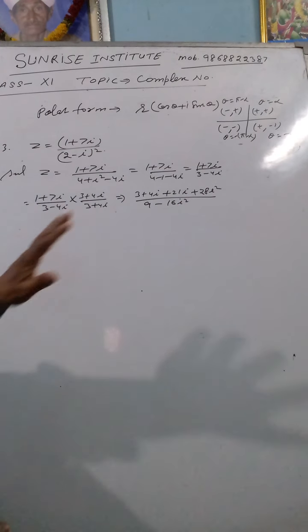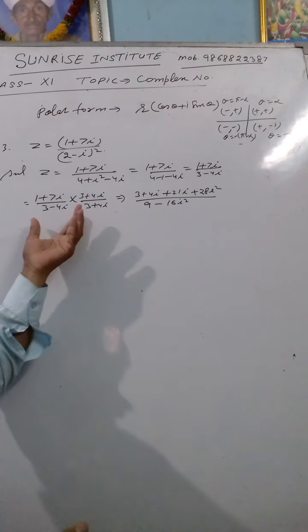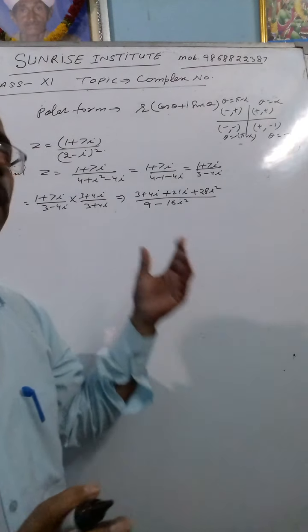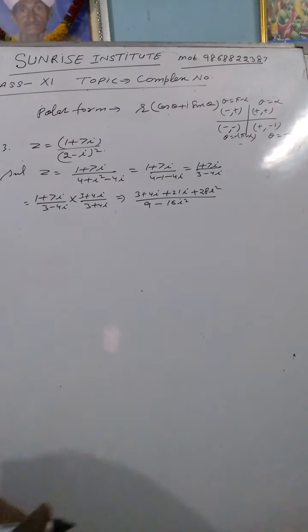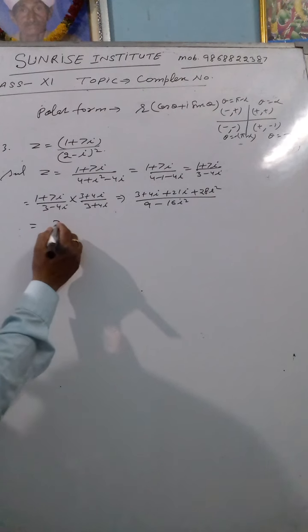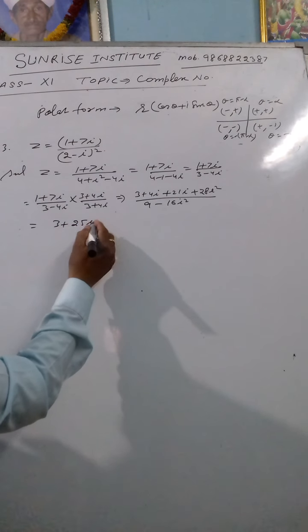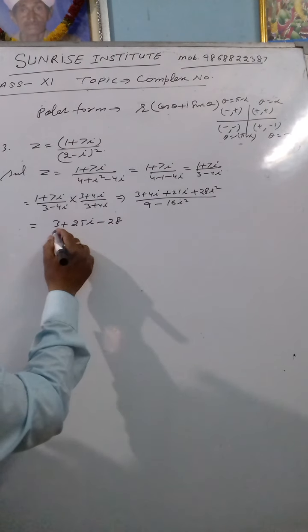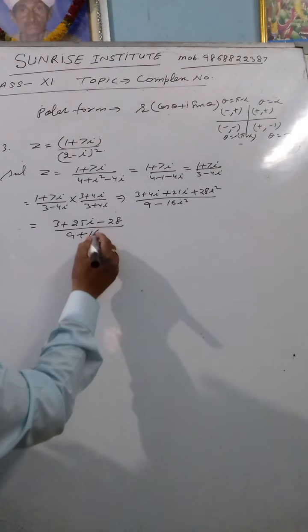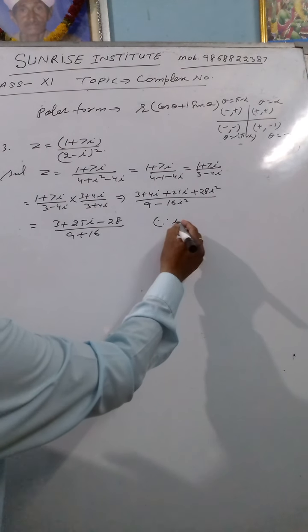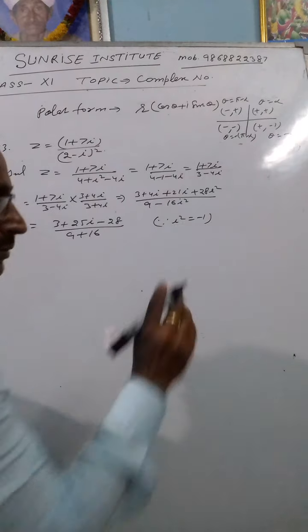Okay students, (a - b)(a + b) is a squared minus b squared. Then we have 3 + 25i - 28 upon 9 + 16, because iota squared equals minus 1.